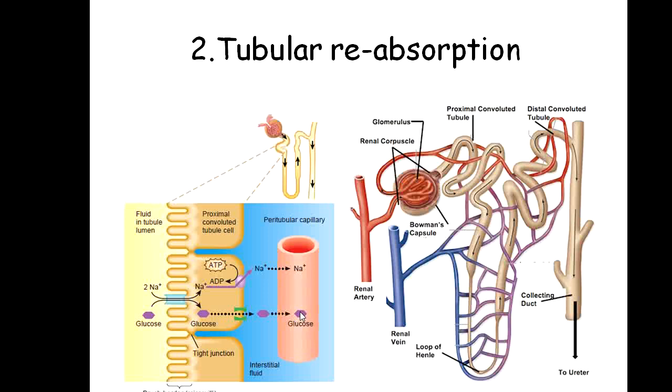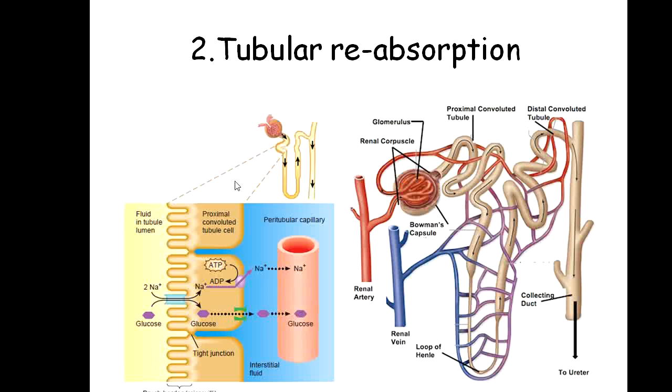Tubular reabsorption is the step in which the water or the solute goes from the tubule to the capillaries, or the transfer of various materials, including water, from the convoluted tubule into the blood vessel inside the nephron. That is called tubular reabsorption.